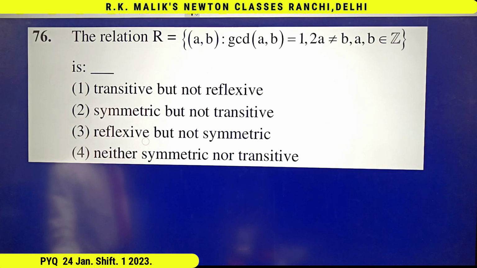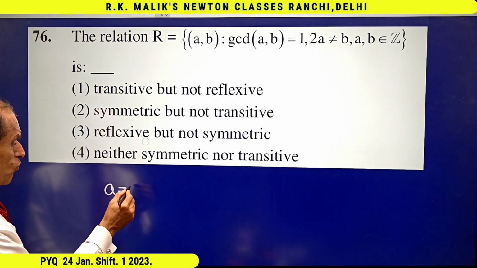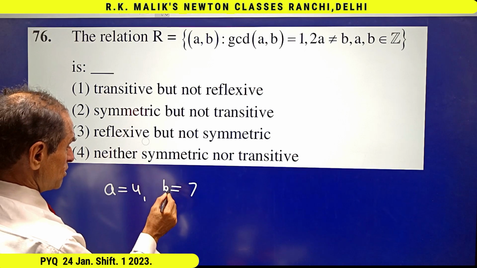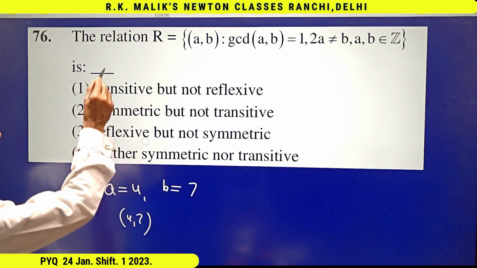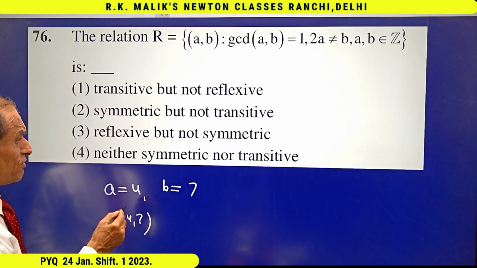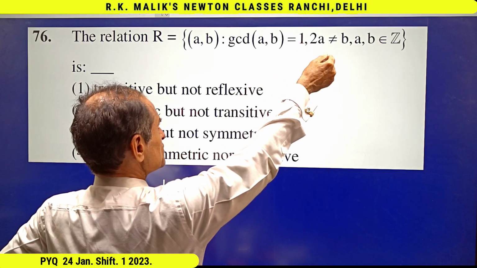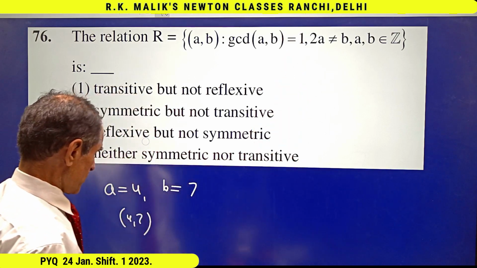And it is clear that R is not transitive also because, for example, if I take A equal to 4, B equal to 7, then the ordered pair (4,7) belongs to R because GCD of 4 and 7 is 1, and this condition is automatically satisfied as I told you in the very beginning.